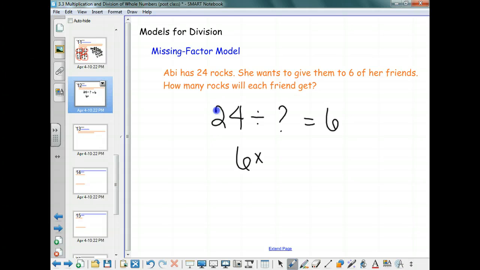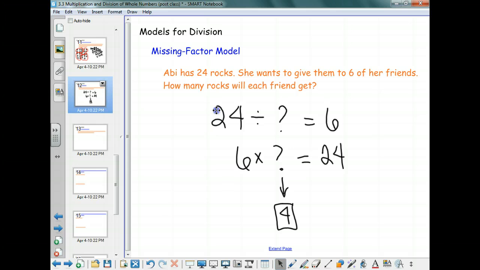They're asked to say 6 times what, that is, now it's a factor, equals 24. And if they know their multiplication facts, then they'll remember, oh, I know what that one was. It is 4. So the number that goes in the blank then is a 4. It's the same problem, but it's treating it as a missing factor instead.